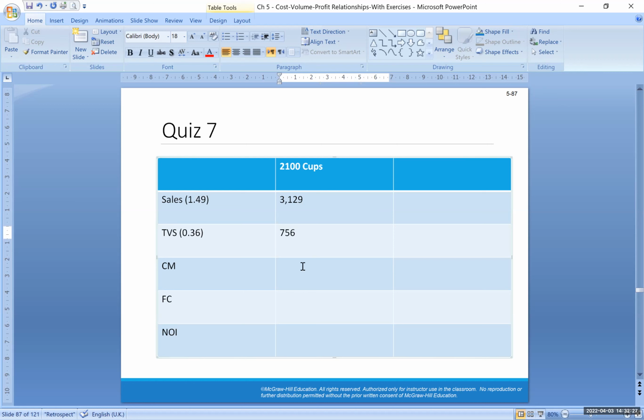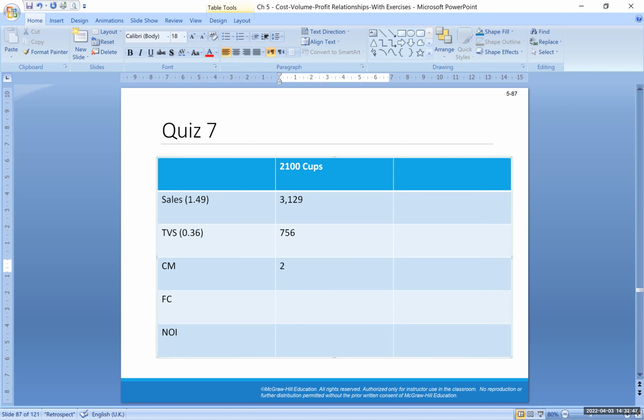The difference between these two is the total contribution margin, which will be 2,373.